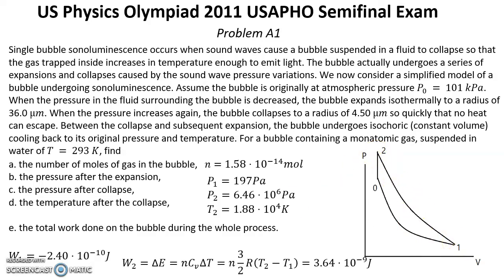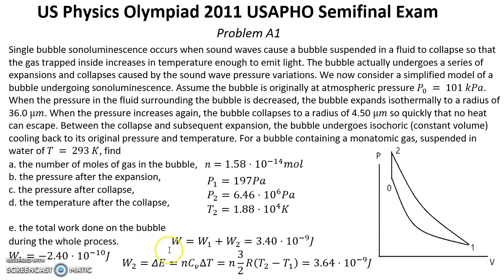So the total change of internal energy equals n multiplied by CV, multiplied by delta T, where delta T is T2 minus T1. Finally, that will be 3.64 times 10 to the negative 9 joules. And the total work on the gas, so that will be the answer for question E, W1 plus W2, which is equal to 3.40 times 10 to the power negative 9 joules.